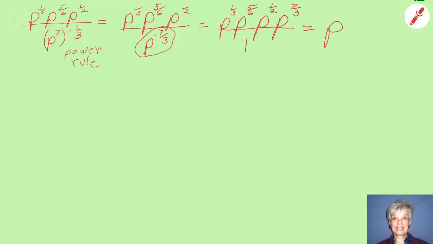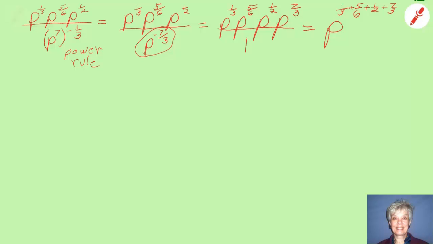I'm going to write the base p once, and I'm going to add the exponents: 1/3 plus 5/6 plus 1/2 plus 7/3.